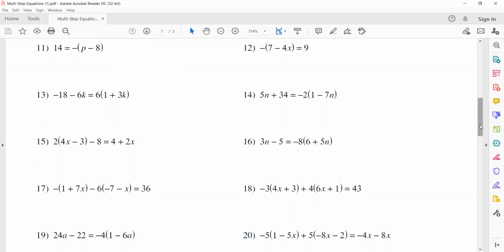Now, what do you think the next step should be? Distribute, bring one of the x's over and combine. You could do that. I like what Amanda says. She wants to combine like terms first. And on this side, I see a -6 and a -8. You could still do what you said.